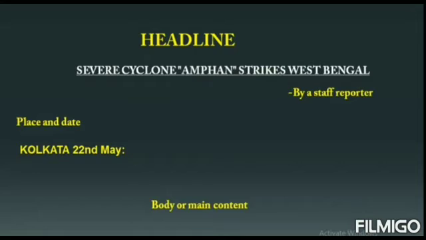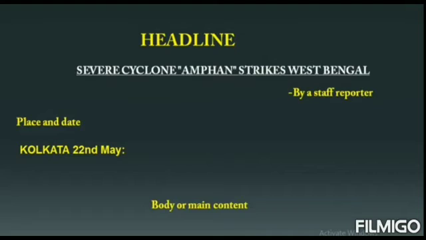So here I have chosen a line. You have to put the headline of the report, and as I am writing a newspaper report, here I mention "By a staff reporter" on the right side, below the heading.